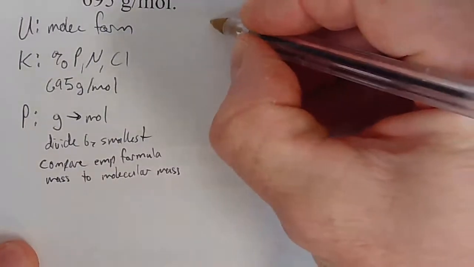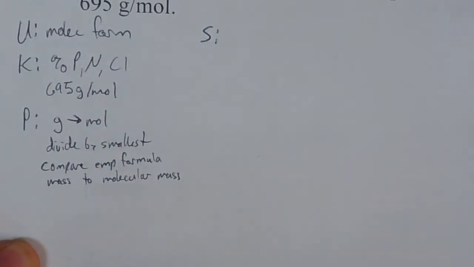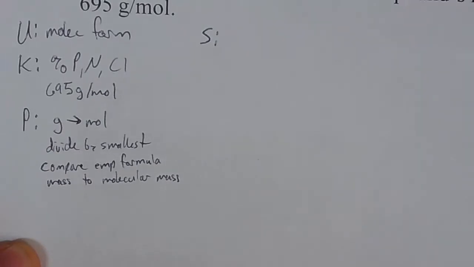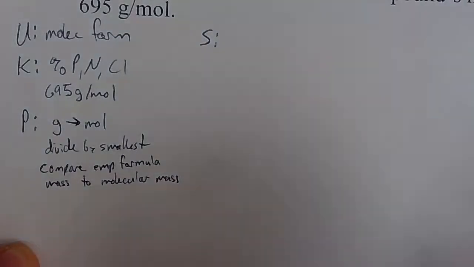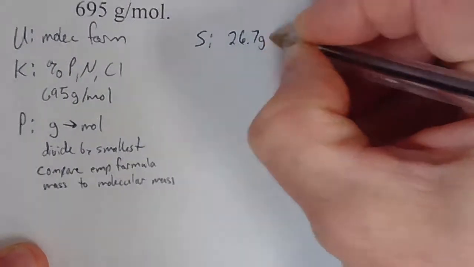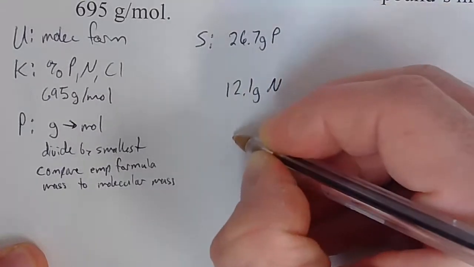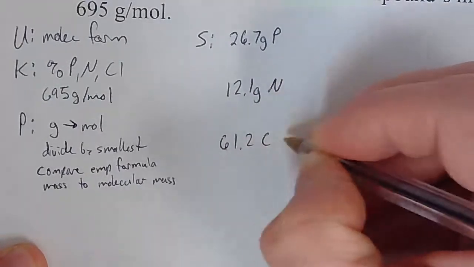All right, so I'll go ahead and start off setting up the solve part of this problem. So when you're given percentages, what do you do with the percentages? Change them to grams. Yeah, just pretend that you have 100 grams of a sample, and then the percentages just become the number of grams. All right, so 26.7 grams of phosphorus, and 12.1 grams of nitrogen, and 61.2 grams of chlorine.